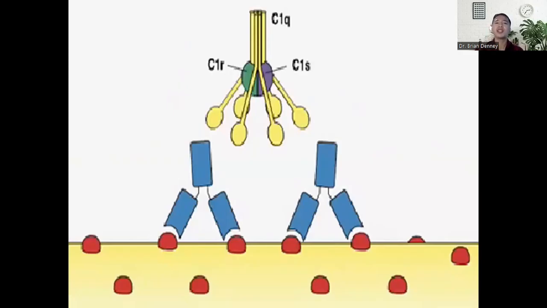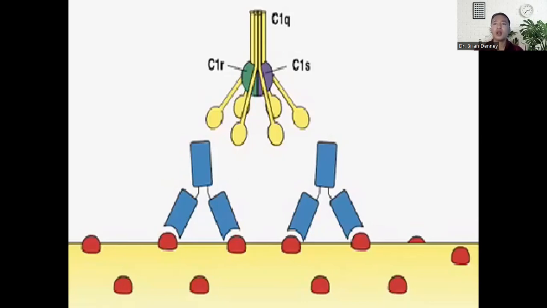Now, what happens to your C1? C1 is not a tri-molecular subunit. No, it has 3 subunits: your C1Q, your C1R, and your C1S. Your C1Q is comprised of 6 stalks ending in 6 globular heads.